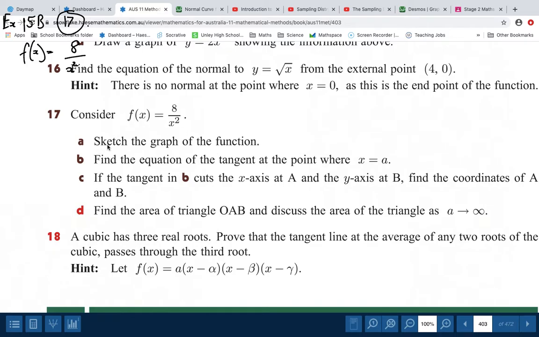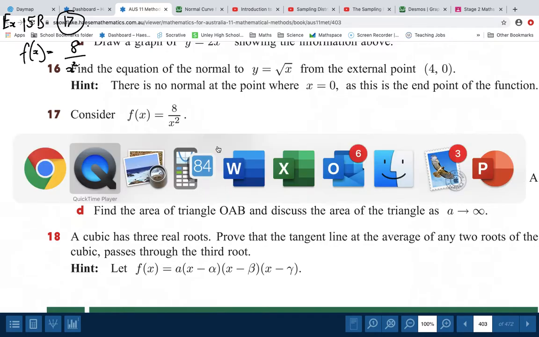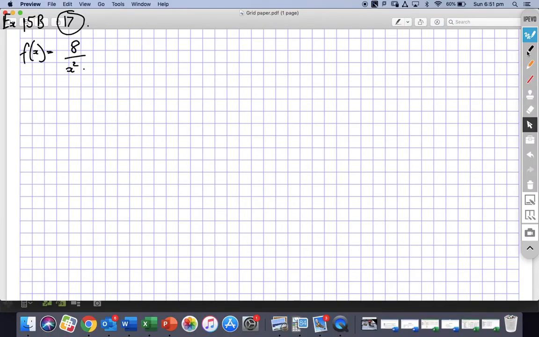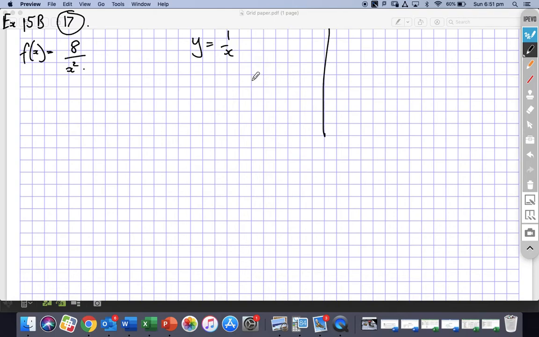Although before we start, it says sketch a graph of this function. I've written it down, you might know what something like this looks like, y equals 1 on x. Hopefully you know, you've done rectangular hyperbola before.